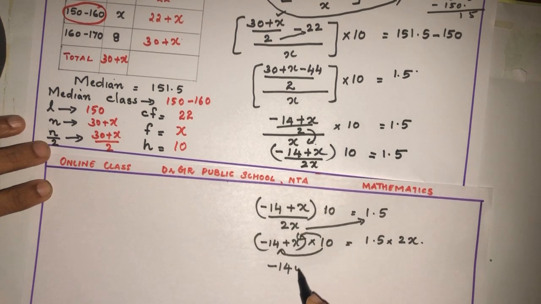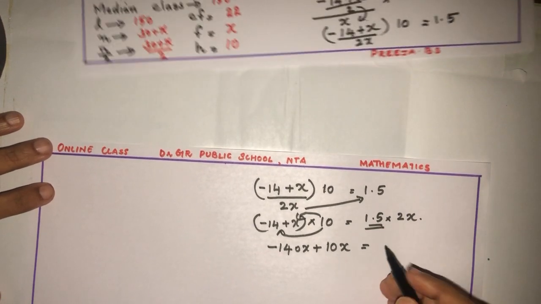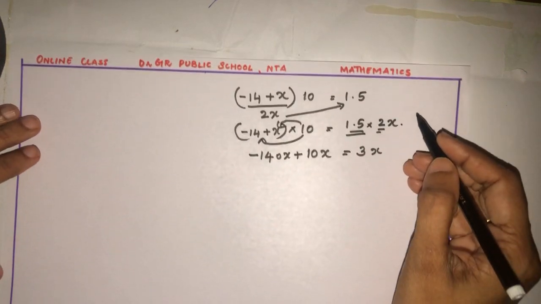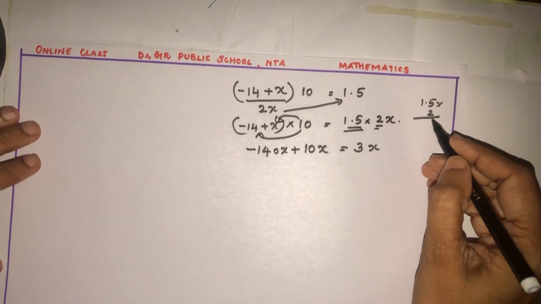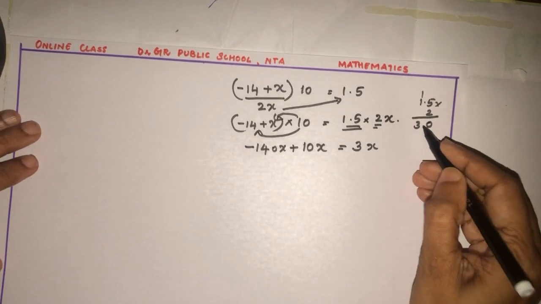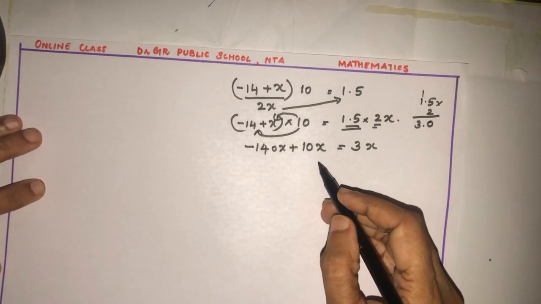Minus 140x plus 10x equal to here 1.5 into 2. 1.5 into 2, 3x. Okay, children. 1.5 into 2, 10, then 1 balance, 3. 3.0, 3x.